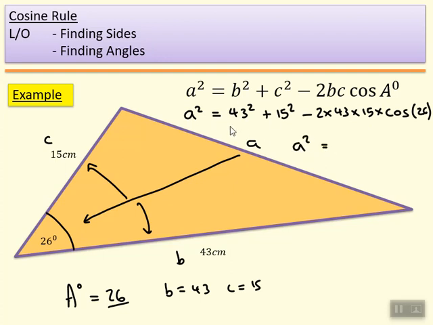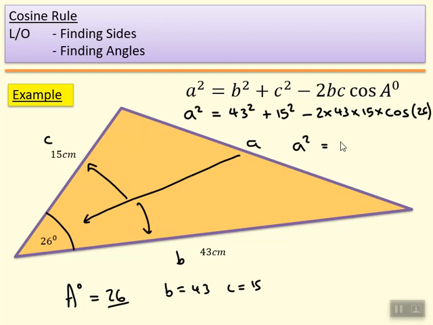A squared is equal to all of this. Now we need to actually work that out on the calculator, so make sure it's in the right setting, and we can just type it in one go. That's the great thing about this formula, we could literally type it in one go. That's what I'm going to do on my calculator now: 43 squared plus 15 squared, take away 2 times 43 times 15 times cos, open bracket, 26 close bracket.